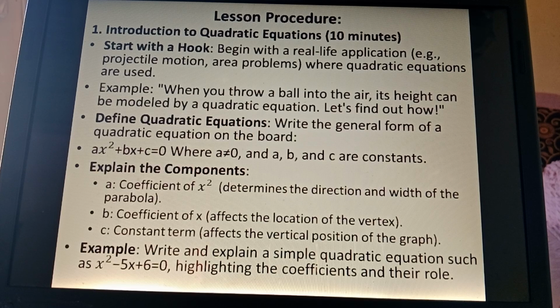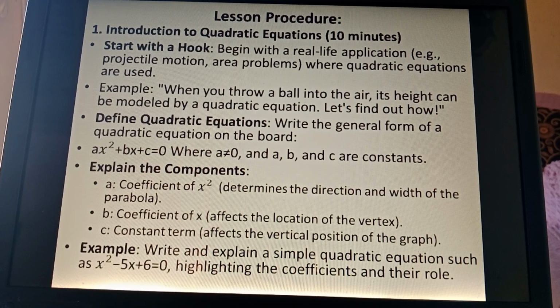Define quadratic equation. Write the general form of a quadratic equation on the board: ax squared plus bx plus c is equal to 0, where a is not equal to 0 and a, b, and c are constants. Explain the components to the students.